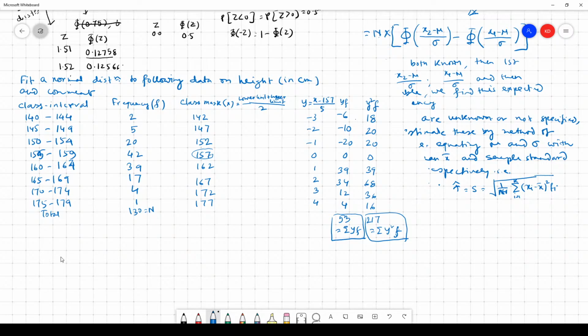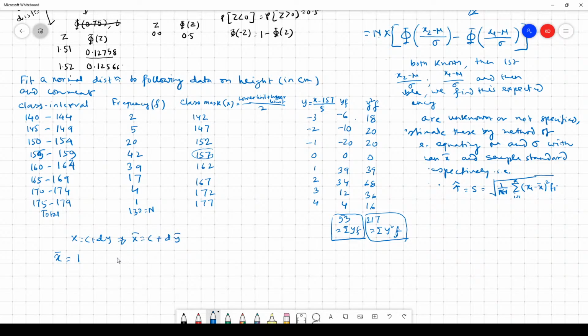Now x bar, we know this relation: if y equal to c, x is equal to c plus dy, then x bar equal to c plus d y bar.